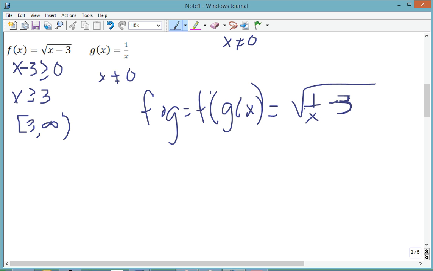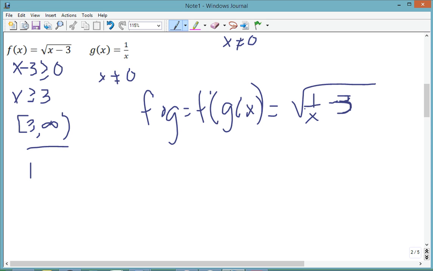So even though this domain is 3 to infinity, when I plug in x, I'm looking at 1 over x. Okay? So if I put 1/4 in for x, 1 over 1/4 would be 4, minus 3 would be 1. So 1/4 works, even though it's not in this domain. Okay? So what I really want to do is look here where I said x has to be greater than or equal to 3.